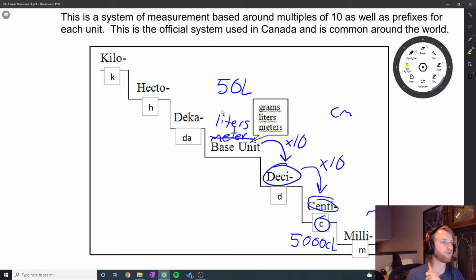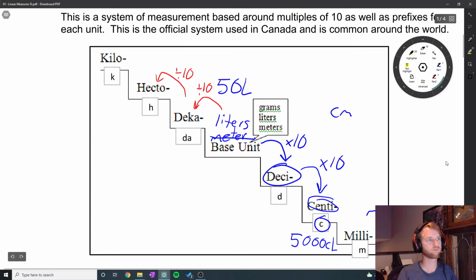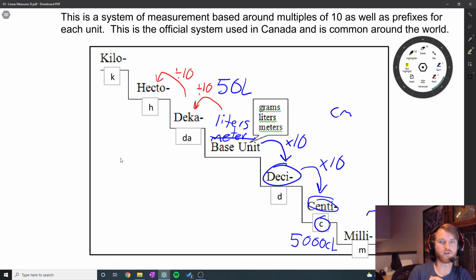Taking 50 liters, going up 1 step, up 2 steps. Bigger units, we need less of them, so we're dividing by 10 as we go up this staircase. Divide by 10, divide by 10. Okay, so that means we started off with our 50 liters, and we want to turn those into hectoliters. So we're going to divide 50 by 10, and then we're going to divide it by 10 again.